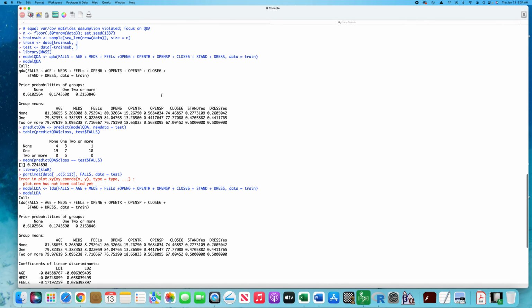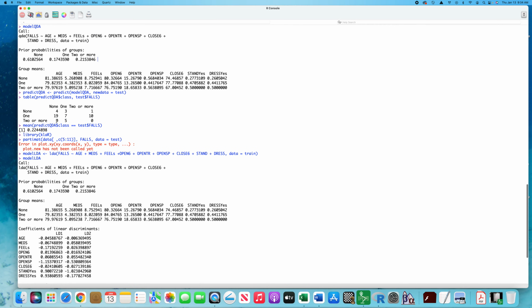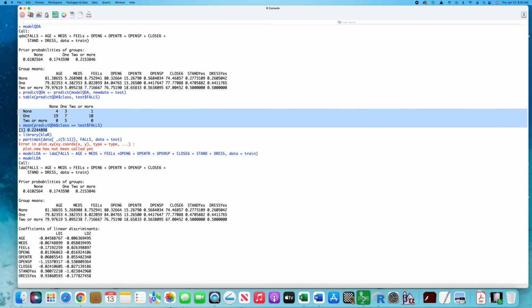So I access the MASS package to be able to run the QDA or LDA. You can see that I've done that on the training data set, and we get our model. Now, getting into predictions, unfortunately what I ran into years ago and what I'm demonstrating right now is that the model classification was extremely poor, only 22%. When I look at this 19 and this 10, look at the diagonal.